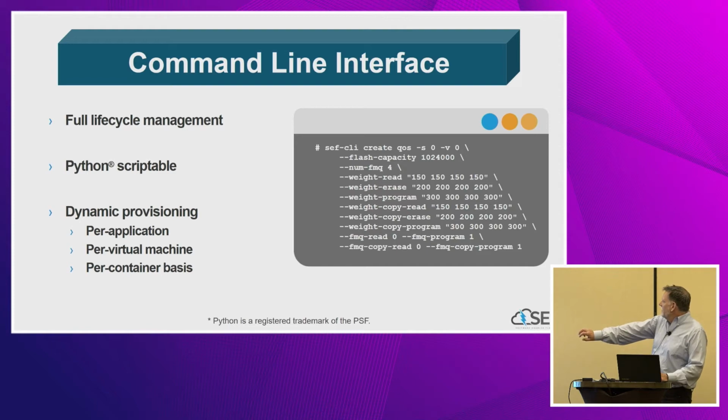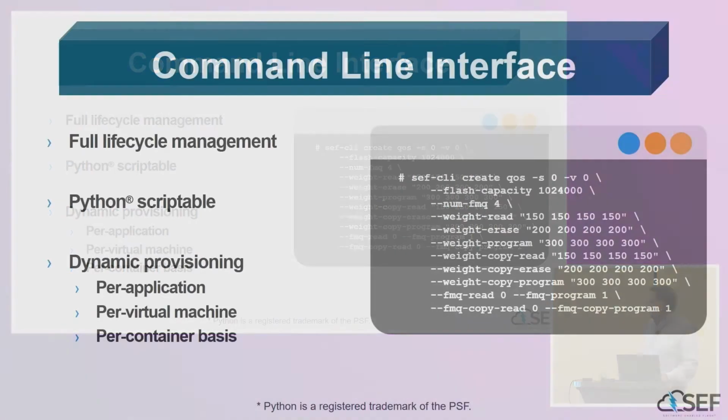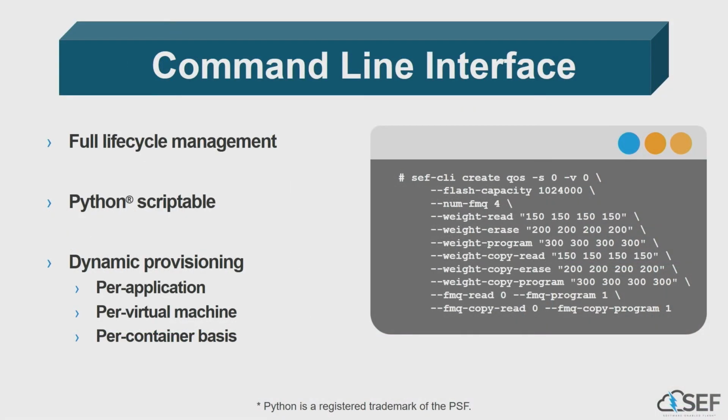The last part of it at the bottom is assigning default queues for different primitives. So in this example, read operations would go to Q0, program operations to Q1. This is a hypothetical example. You could have other arrangements here. You could have them all go to the same queue if you wanted to. But these are just the defaults.